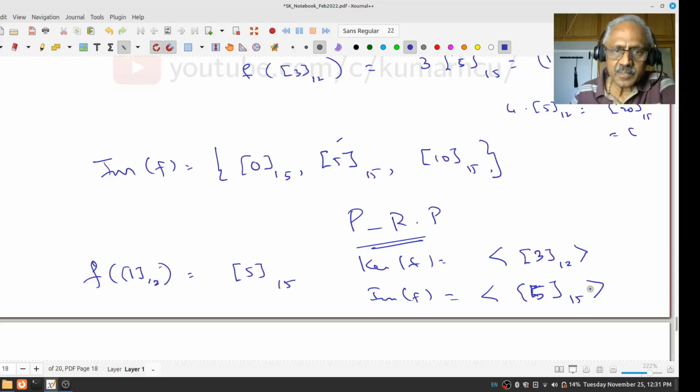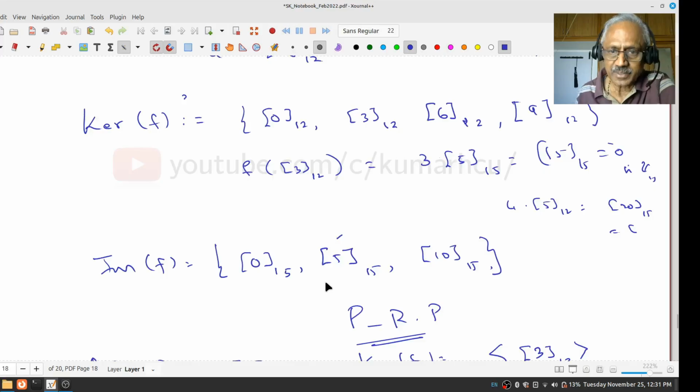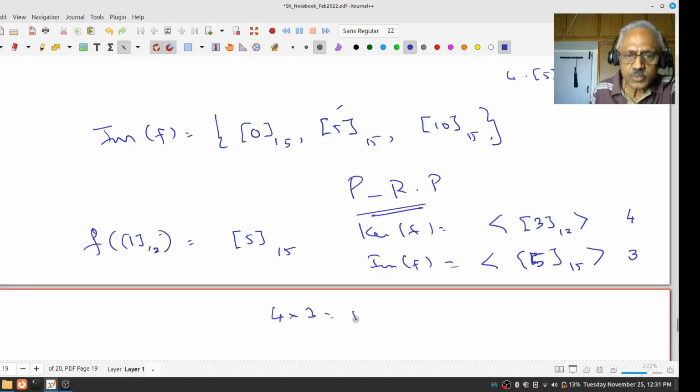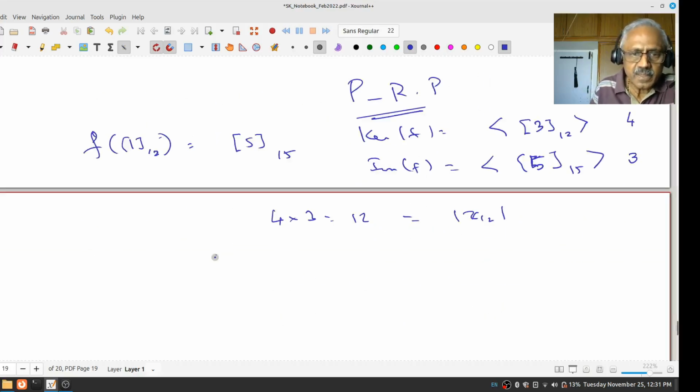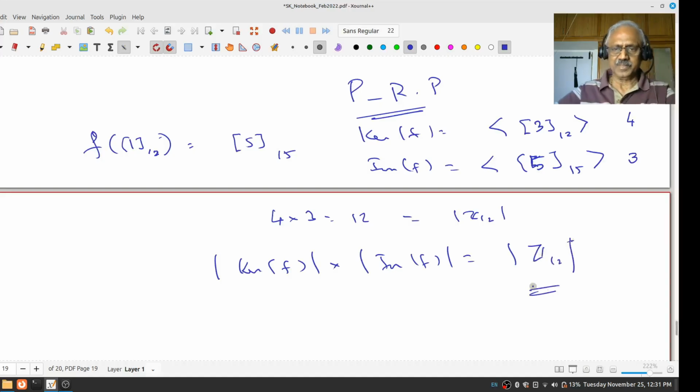Remember, kernel and image both must be subgroups, and since these are subgroups of cyclic groups, they are again cyclic. Then, the number of elements in the kernel is 4, the number of elements in the image is 3, and 4 times 3 is 12, the number of elements in Z12. So the size of the kernel times the size of the image equals the number of elements in Z12, our rank-nullity theorem kind of argument.